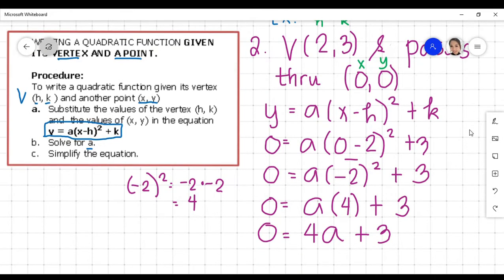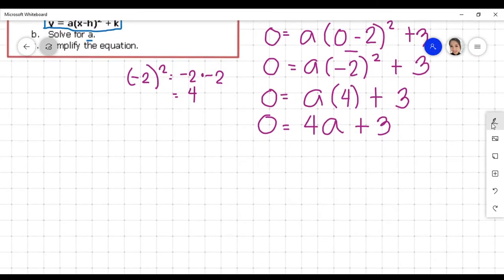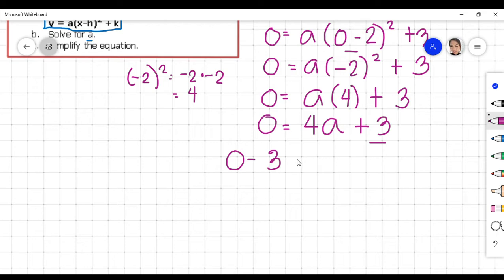Okay, then solving for a, we have transfer muna natin yung 3 sa left. So 0 minus 3 equals 4a. So 0 minus 3, that's negative 3, equals 4a.